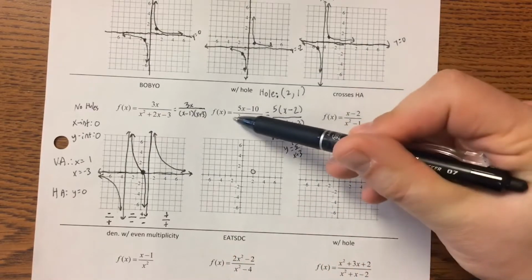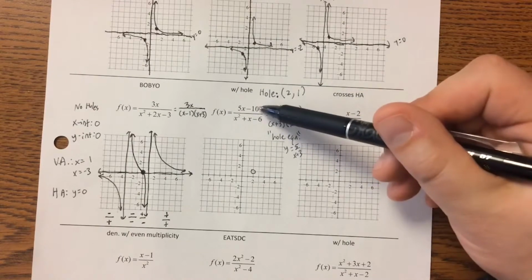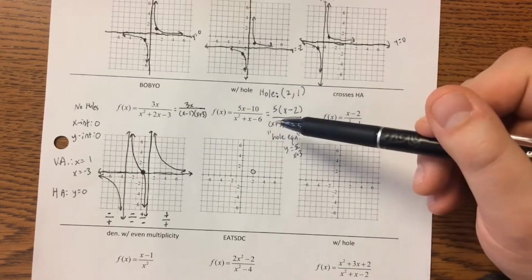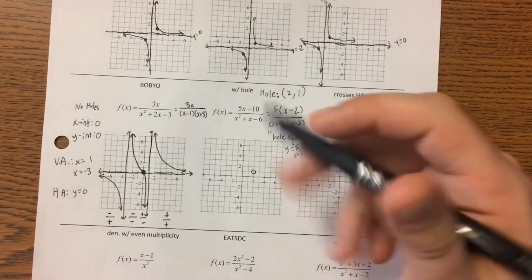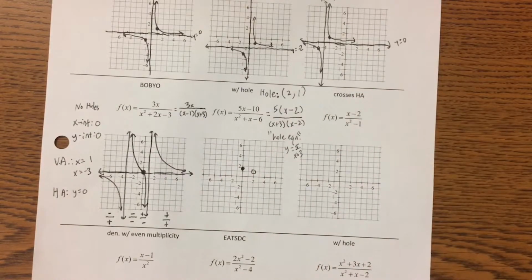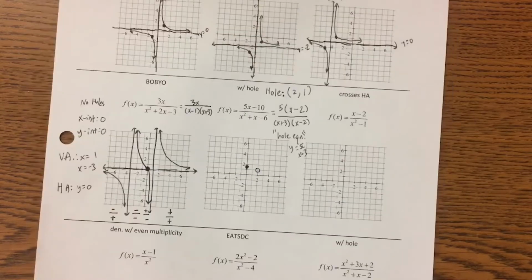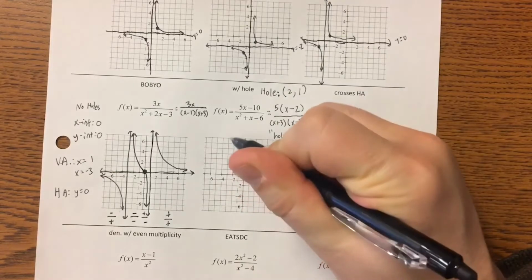So that would be negative 10 over negative 6. So 5/3, a little bit more than 1. It looks like there's only one vertical asymptote, and where's that vertical asymptote? Okay, negative 3.